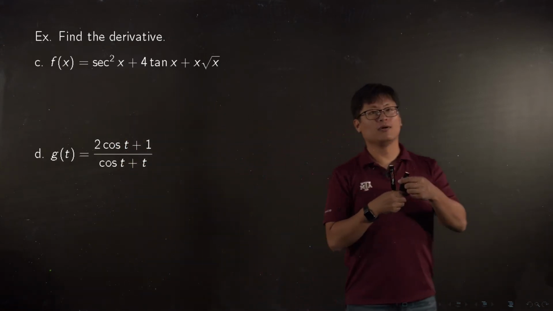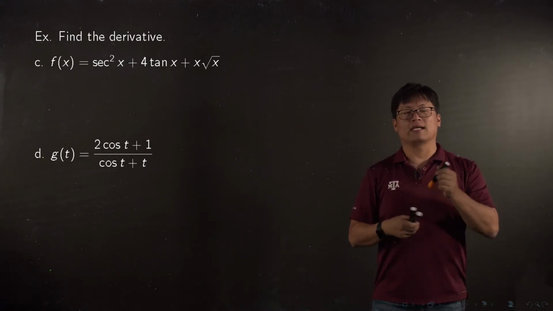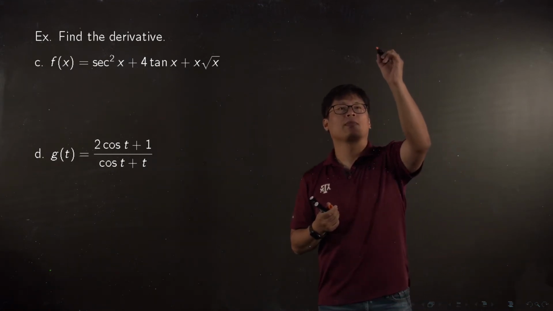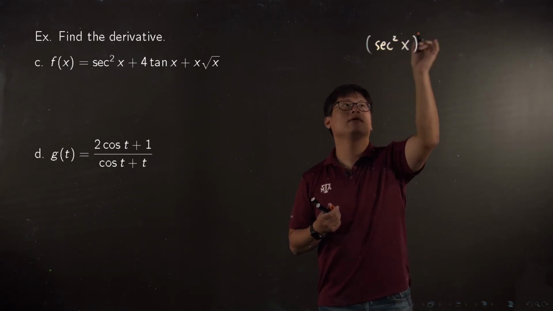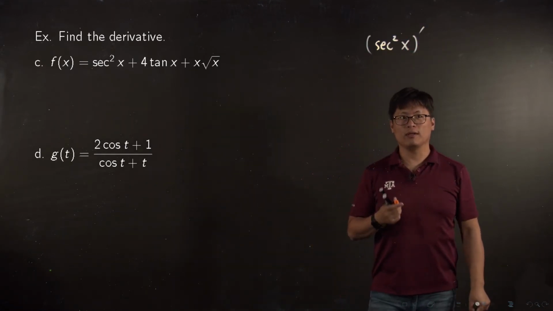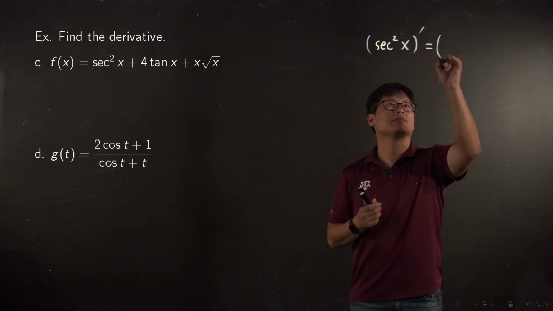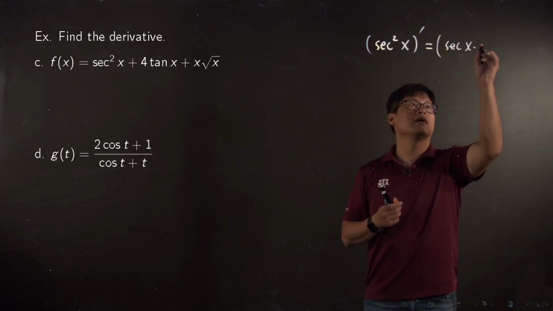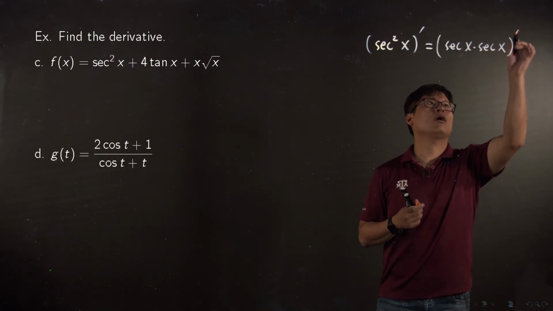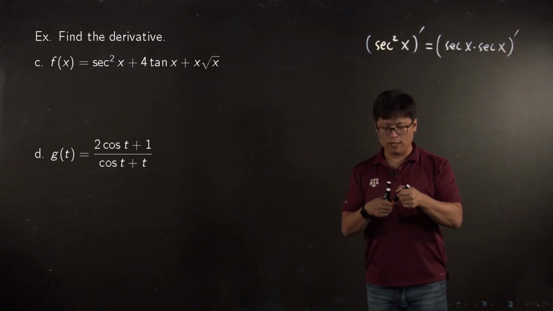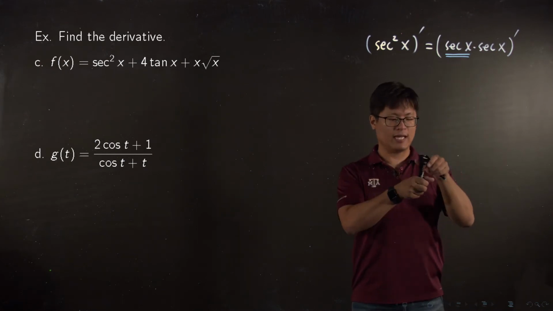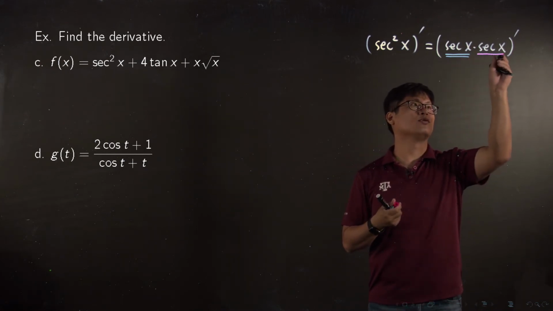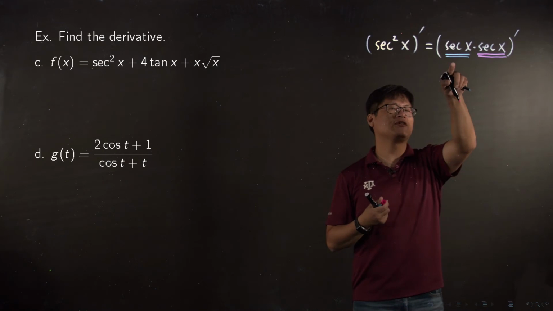Here we go. Secant square x, your function is secant square x, and we're going to try to find the derivative of this function, which is secant x times secant x, prime, which is product form. So let me use the blue color for the first function, which is secant x. Even though they are the same, we have to separate the first function and second function.